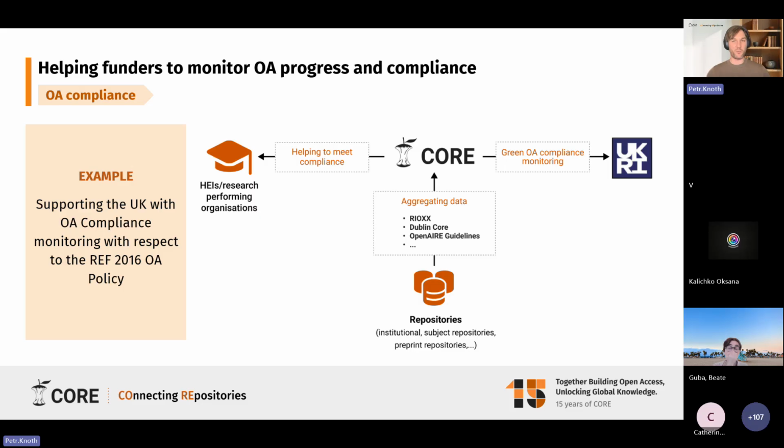So effectively, we are finding ourselves a little bit in the middle of this. We can give compliance data to funding institutions, and we can also ensure transparency so that the data that gets submitted about those institutions is visible to the repositories and to those institutions. So that's the logic.